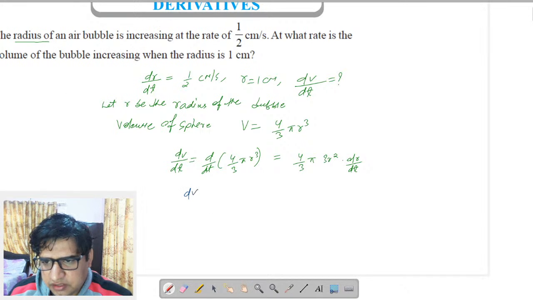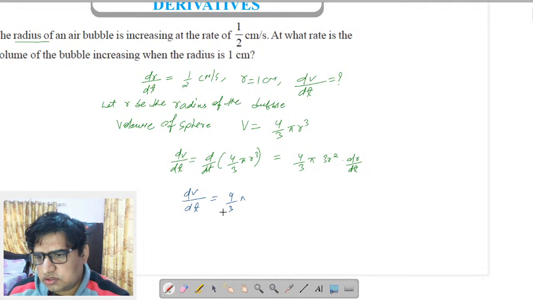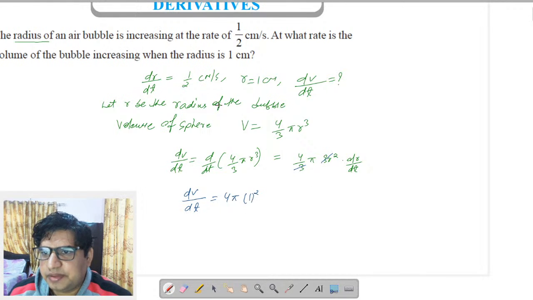So dv by dt will be equal to 4 by 3 pi, and this 3 will get cancelled out. So 4 pi, and in place of r we can simply write 1 centimeter, and dr by dt is given to us as 1 by 2 centimeter per second.